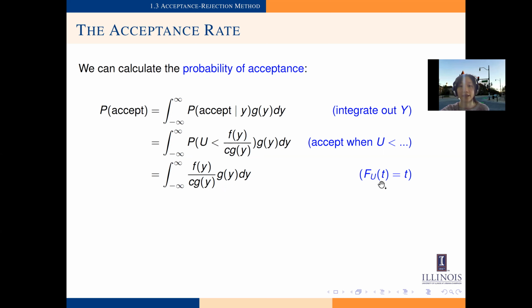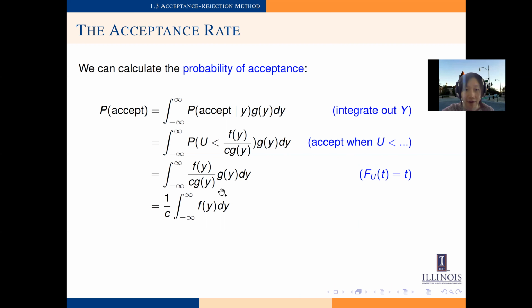So F_U(t) is equal to t for any t between 0 and 1. Now you can see that inside the integral, we have g(y) on the denominator and g(y) over here.